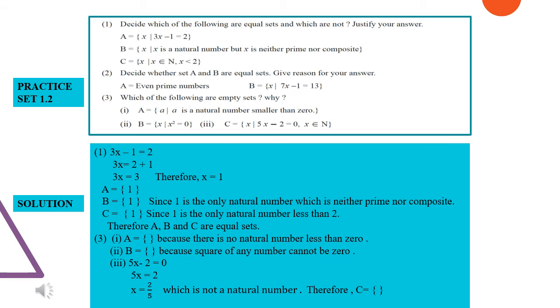So yes, all the three questions are empty sets and we have justified them by giving our reason. So you will be solving this in your notebooks. Okay.